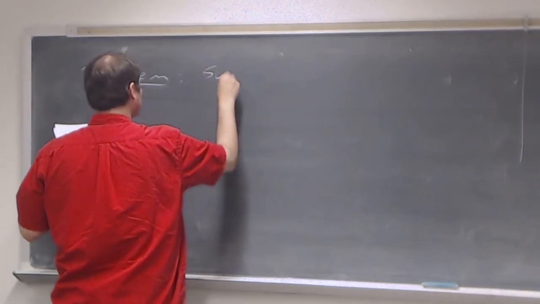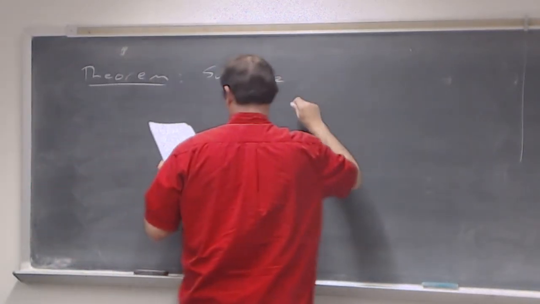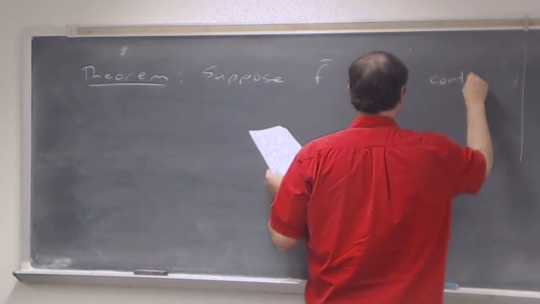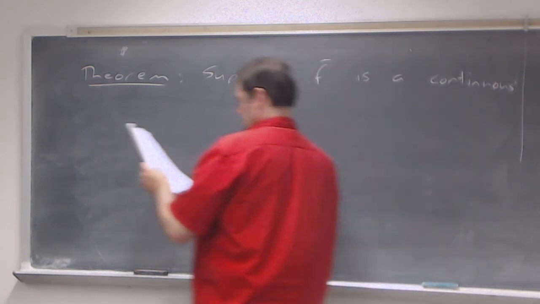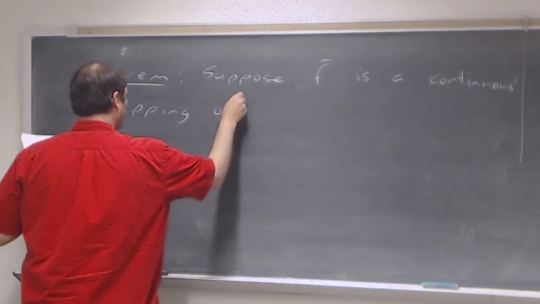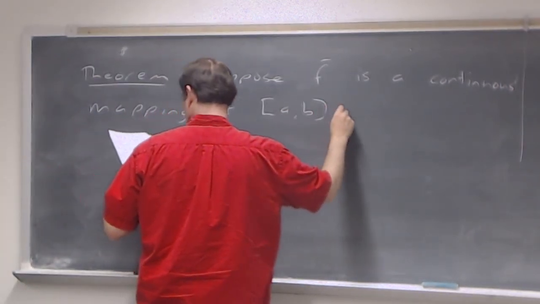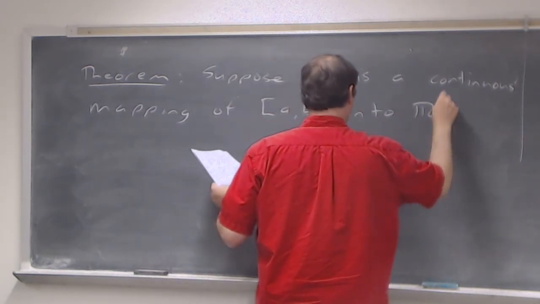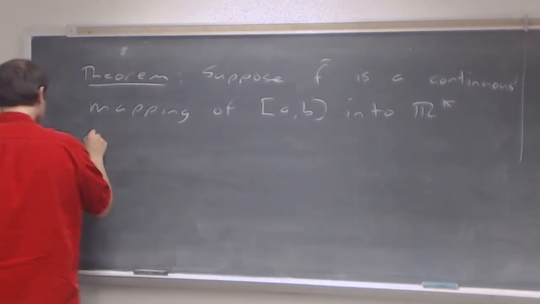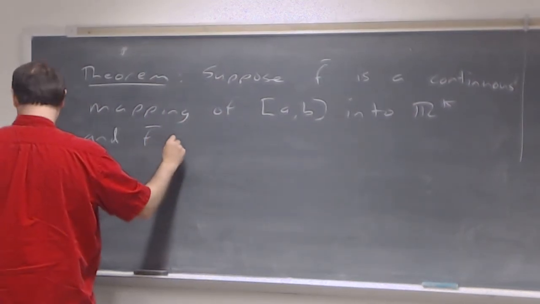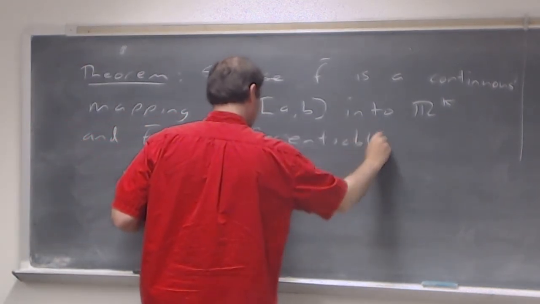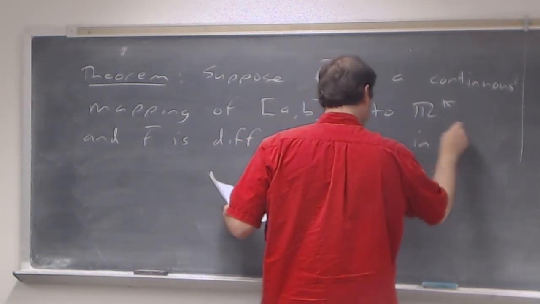Here's what it says. Suppose f bar is a continuous mapping of the closed interval from a to b into R^k, and f bar is differentiable in the open interval from a to b.